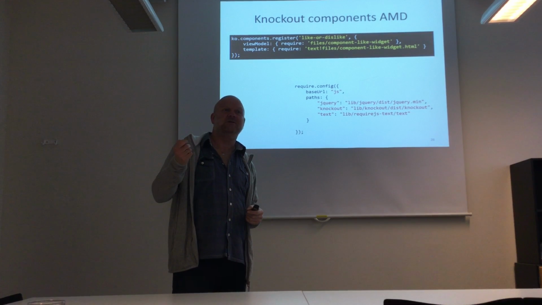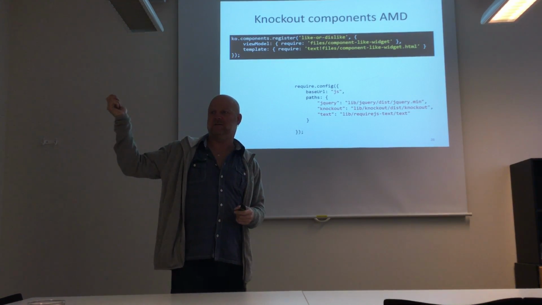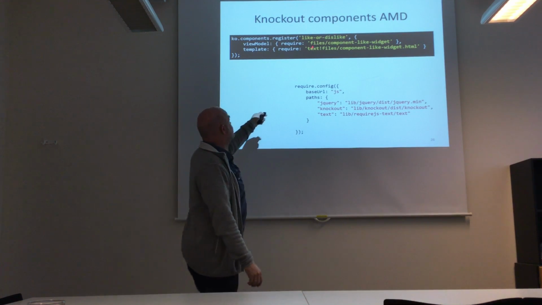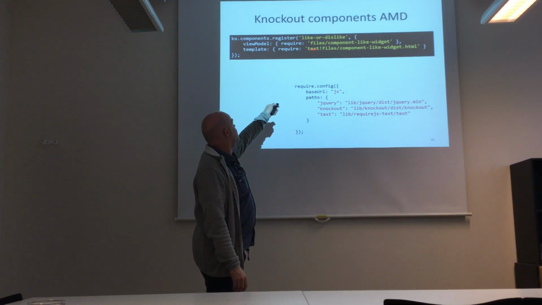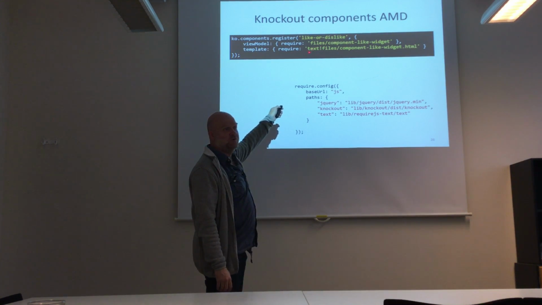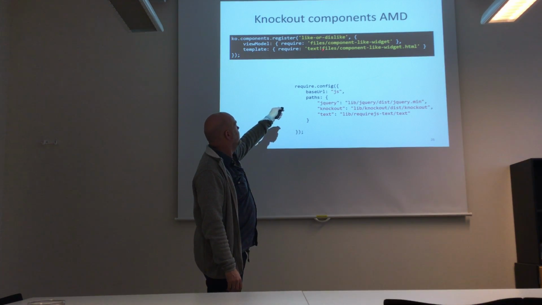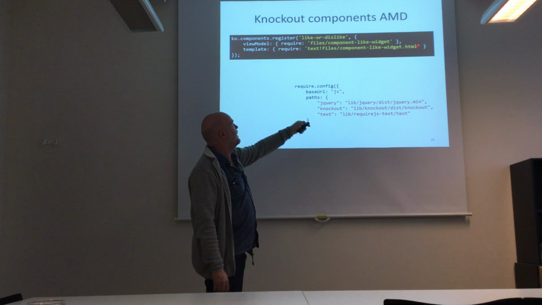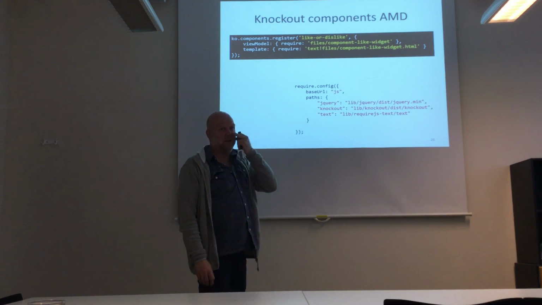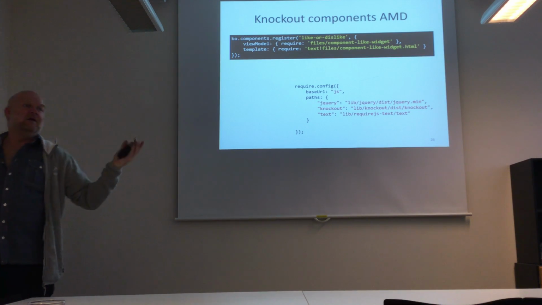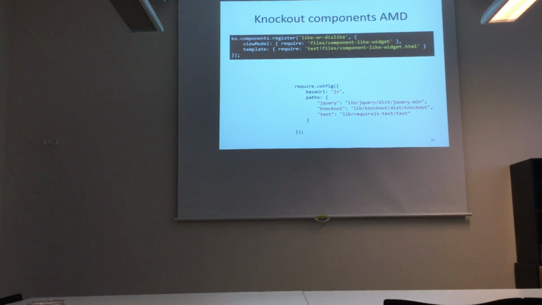So they have an extension called require text to load text files. In order to tell require that you should use the text part, you have to use text bang and then the name of the file. So that's how you do that. It's not a big deal when you get the idea. It's not that difficult. You have to do it the same for all the components.